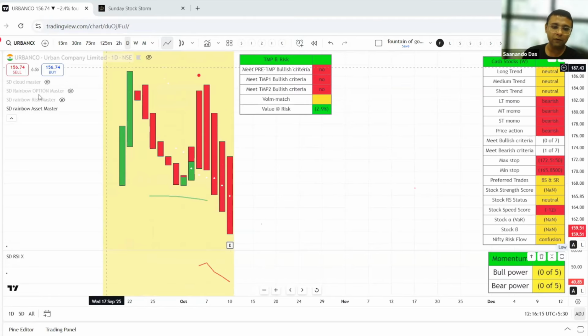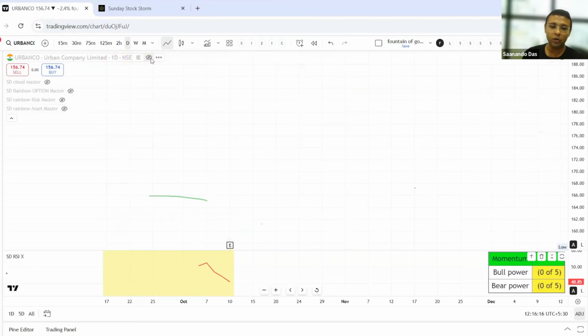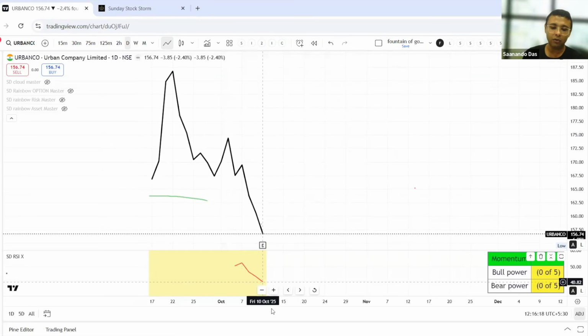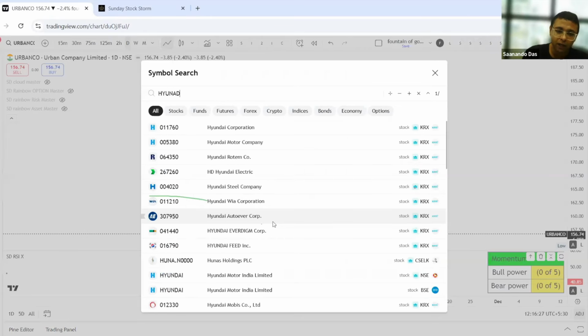So for Urban Company, if you don't have the setup, what will you do? Wait for the base. Simple, let one base form, one round of investment. Because when Urban Company is ready, it will behave like Hyundai Motors.